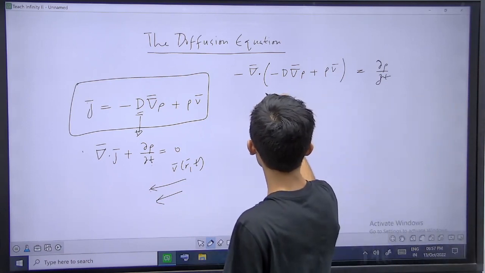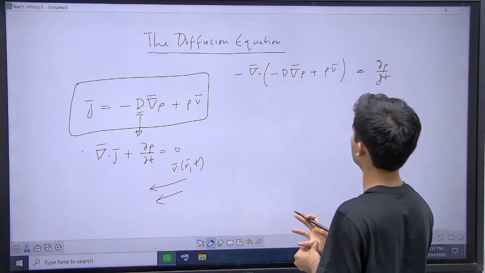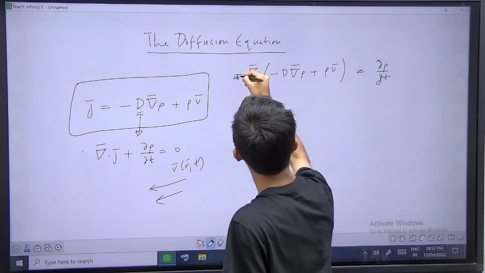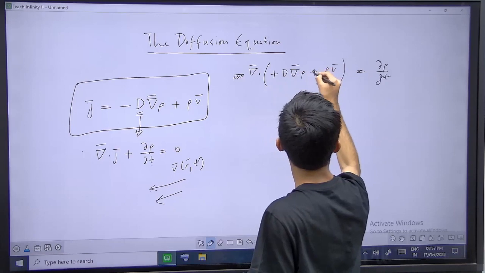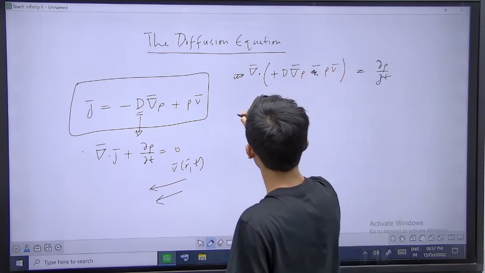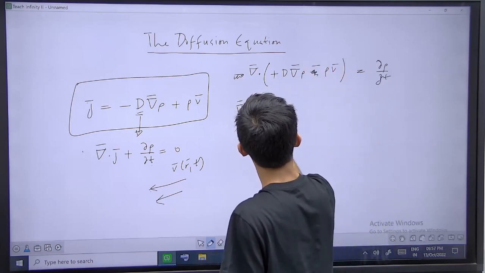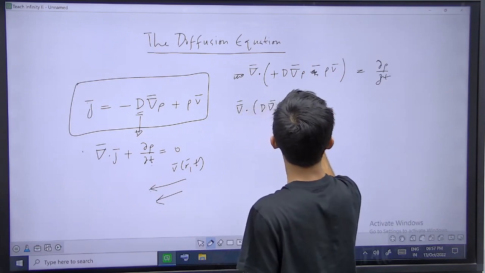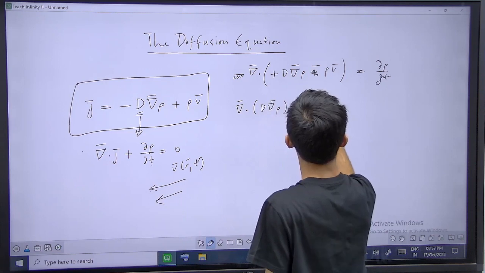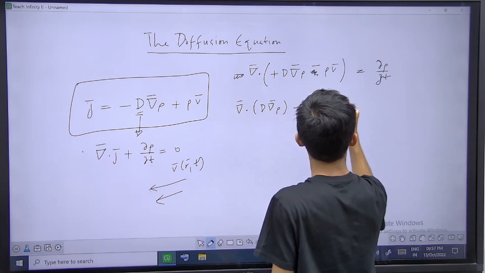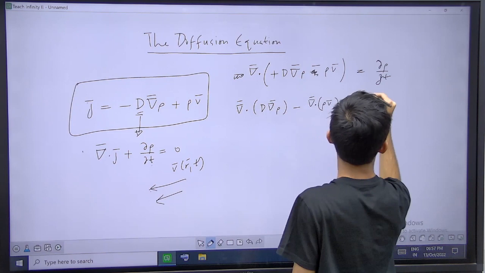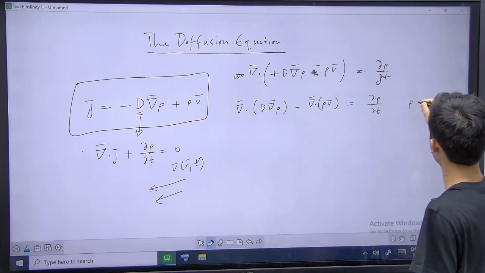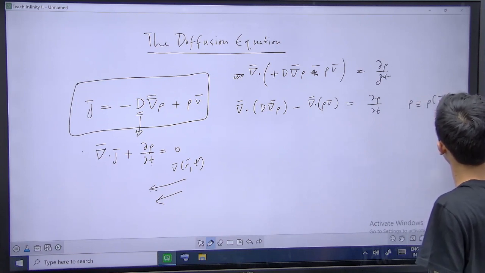So for now I will not take D out of this, but what I can surely do is send the minus sign inside, and this becomes minus, and so we will have minus, and everywhere, in case I don't mention it, rho is for now.